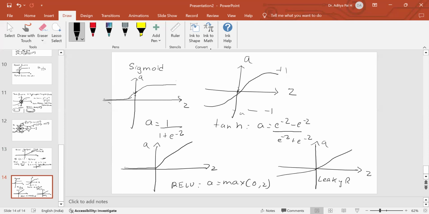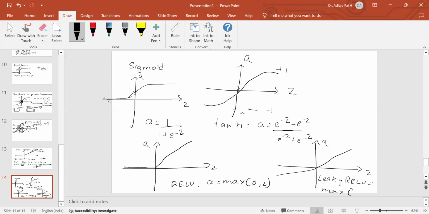The equation for leaky ReLU will be max of 0.01 times z comma z. So this is how leaky ReLU works.